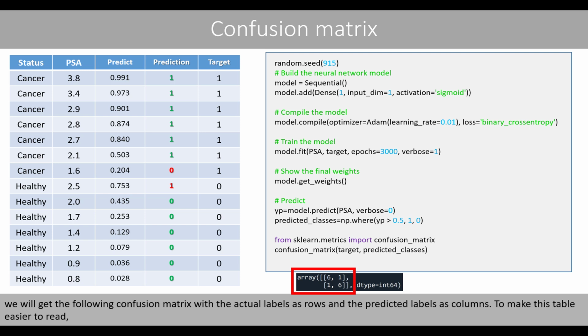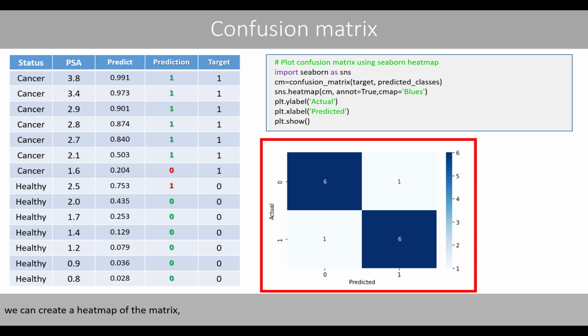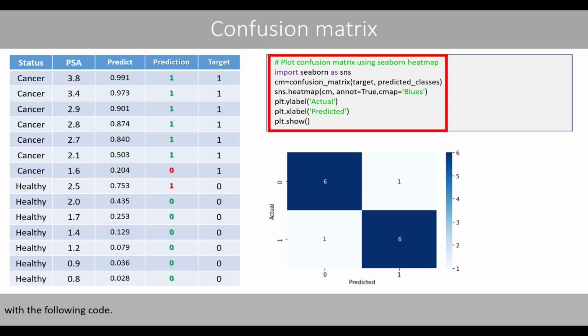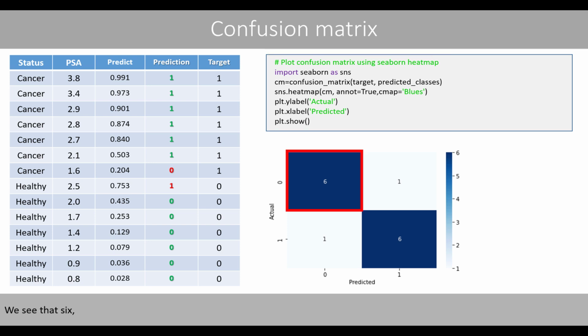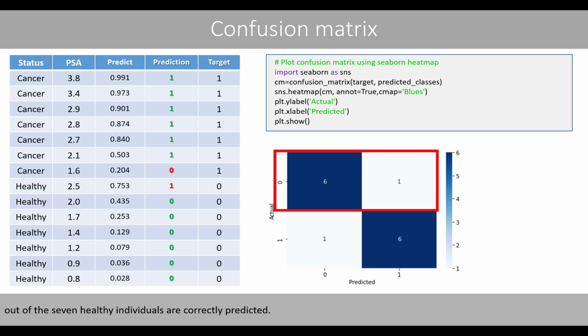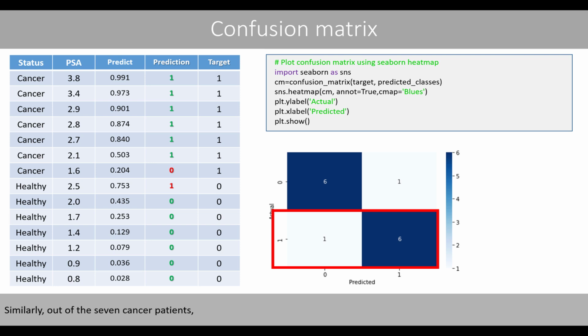To make this table easier to read, we can create a heat map of the matrix with the following code. We see that 6 out of 7 healthy individuals are correctly predicted. Similarly, out of the 7 cancer patients, 1 is incorrectly predicted to be healthy, and 6 are correctly predicted to have prostate cancer.